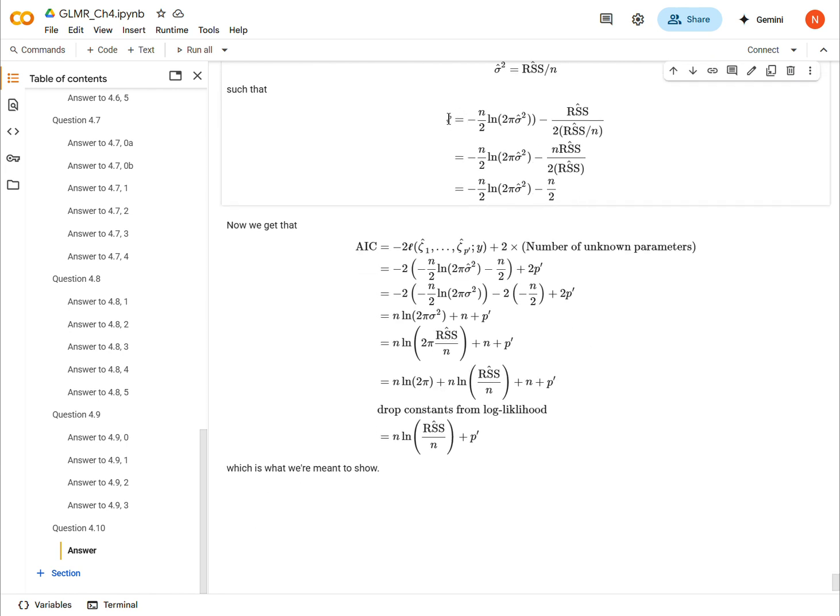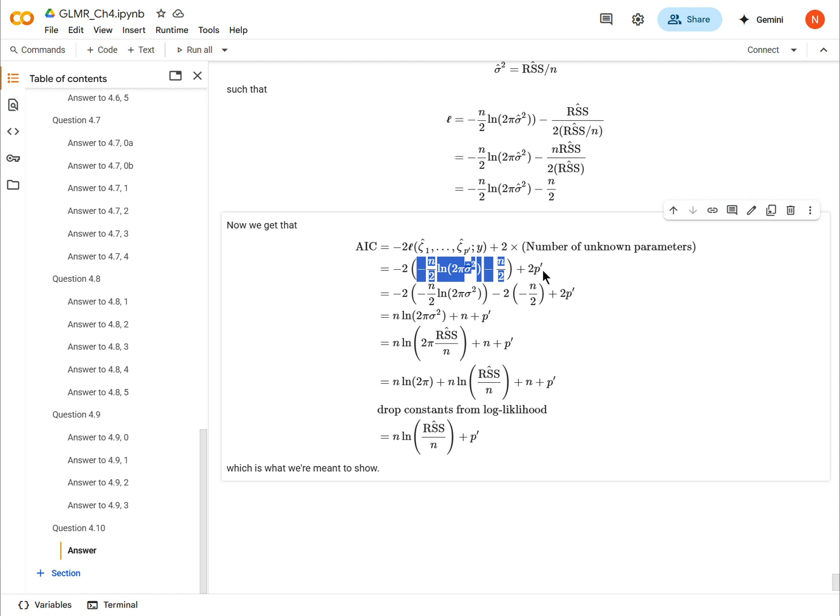Now that we have a log likelihood function that we can work with, let's plug it into the AIC expression, which is -2 times the log likelihood plus 2 times the number of unknown parameters. So we have -2 here times the log likelihood plus the number of unknown parameters. I'm just separating these parenthetical terms out to make the arithmetic easier to see.